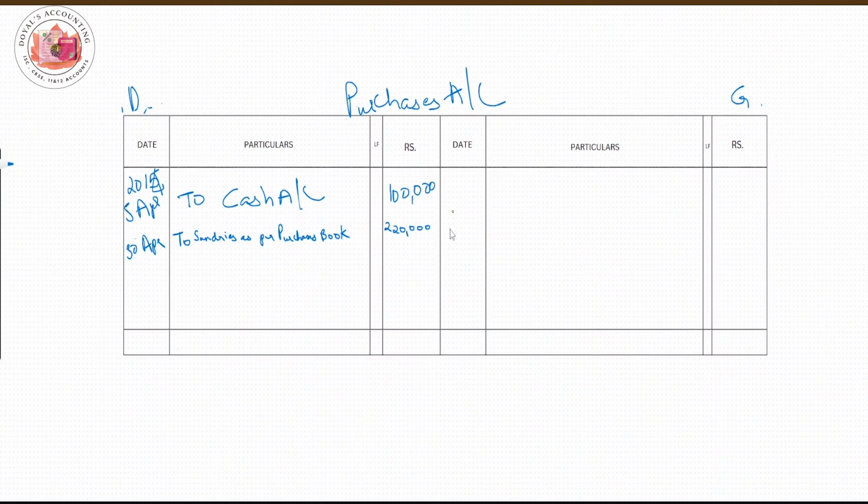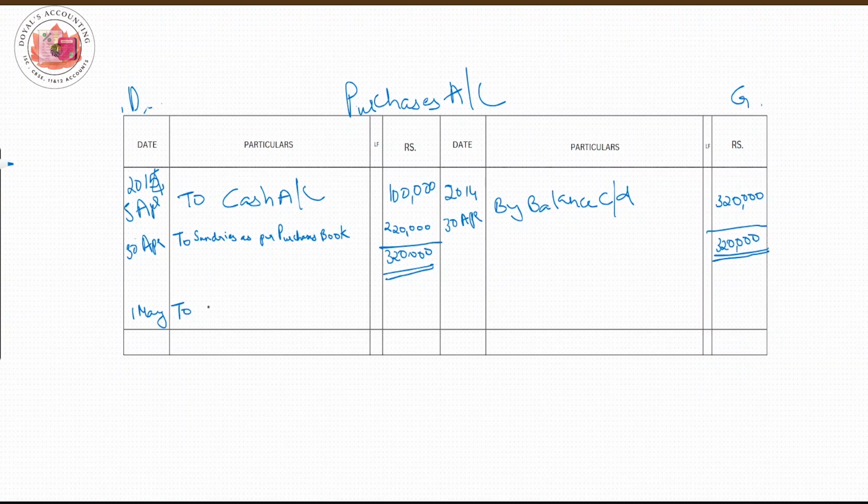Now here 2014 30th April, by balance carried down 3,20,000. So totals on either side will be 3,20,000. And 1st May, my opening balance will be to balance brought forward 3,20,000.